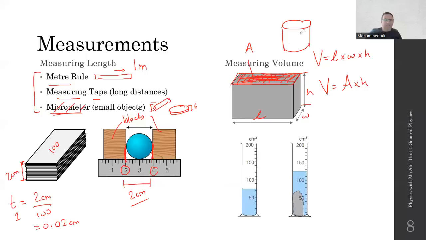If I tell you the cross-sectional area of this cylinder is 10 centimeters squared, and the height of this object is 2 centimeters, what's the volume of this cylinder? So it's 10 times 2, which is 20 centimeters cubed. And that's the unit of measurement of volume. So meter or centimeter cubed.